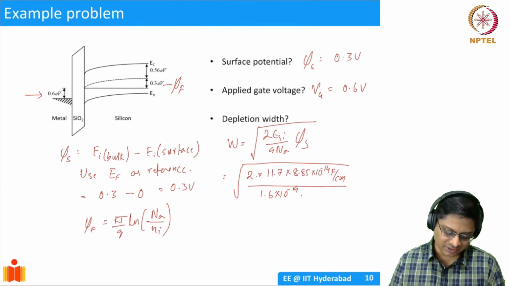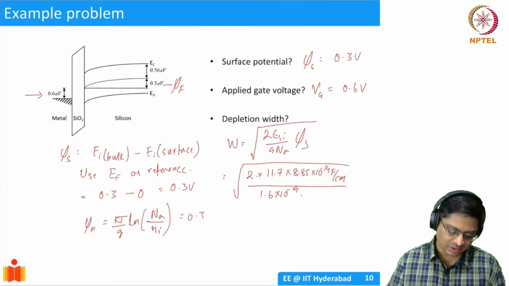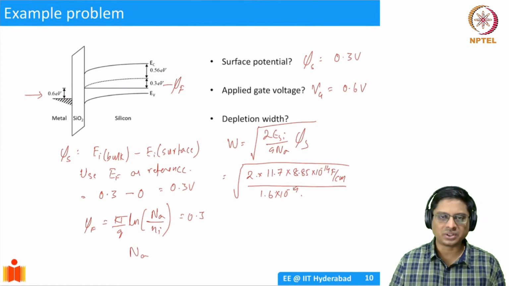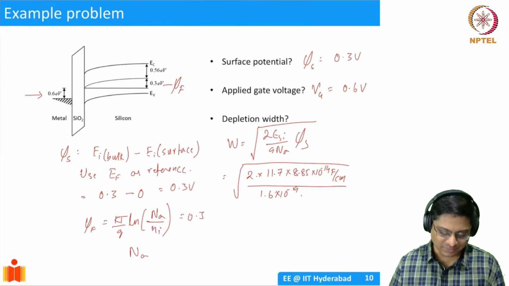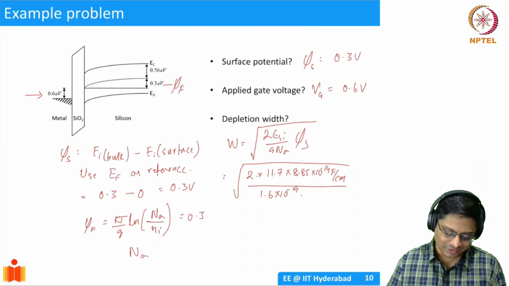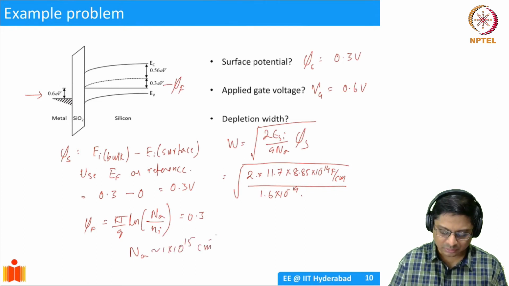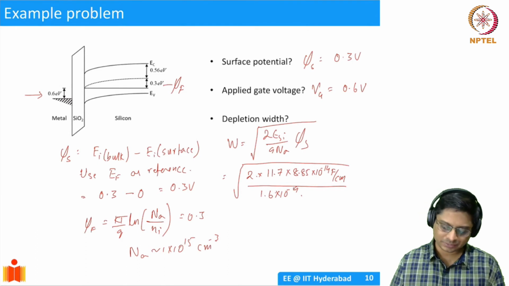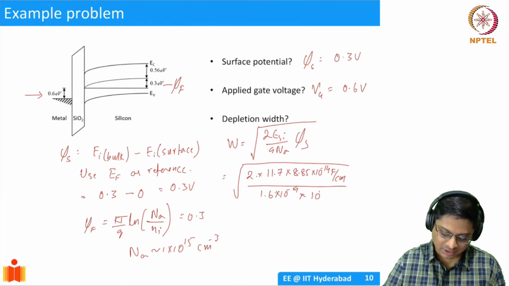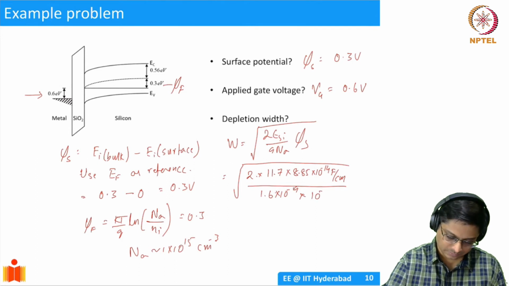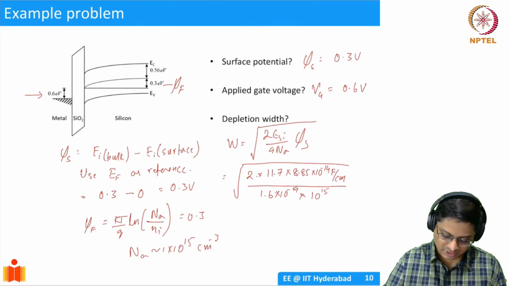And we said it's 0.3 now. So NA, with my style of approximation, 60 millivolt into decades, so this should be approximately 10 power 15 per centimeter cube. This should be the approximate answer. So put that here, per centimeter cube, remember, 10 power 15 per centimeter cube times phi s, which is 0.3.